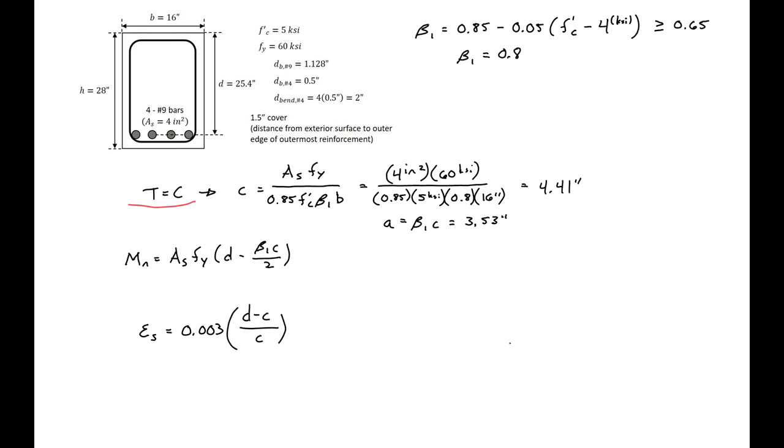Then we can plug these values into our expression for our nominal moment. So we have 4 square inches, the area of our steel, times 60 KSI, the yield strength of our steel, times our D, 25.4 inches, minus A, or beta 1 C, 3.53 inches, divided by 2.